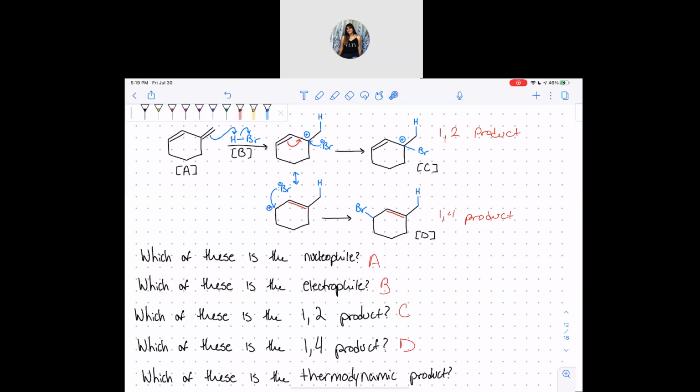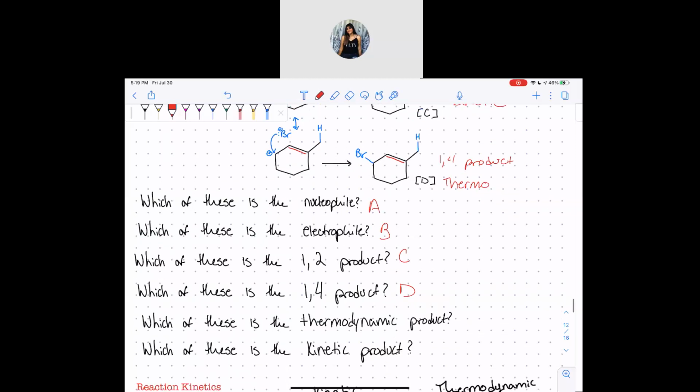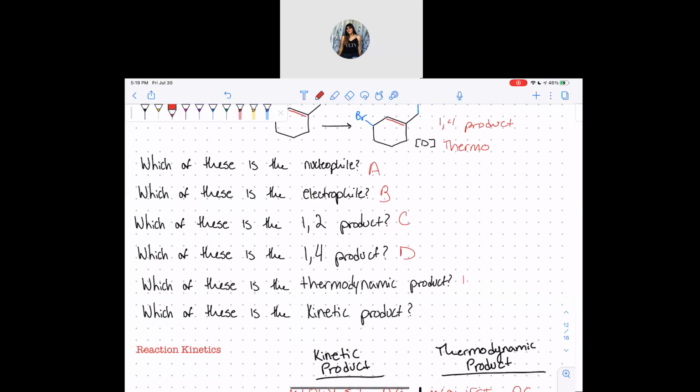So this has the most stable product. Therefore, it is thermo. This one was made in the least number of steps. So that one is kinetic. So thermodynamic product was D. Kinetic product was C.